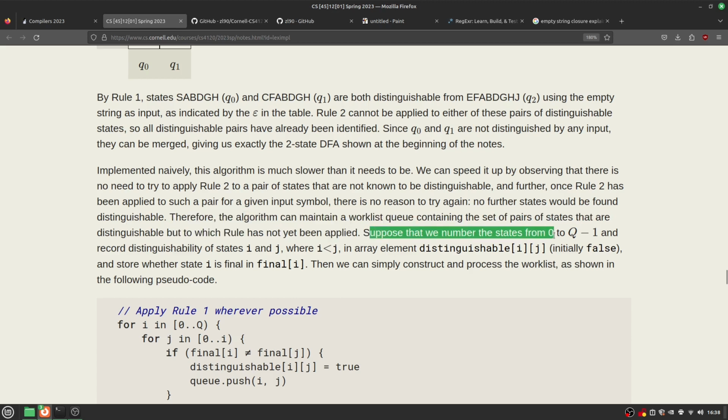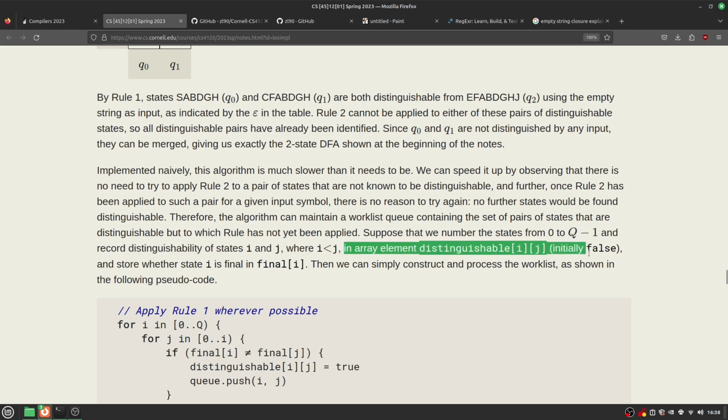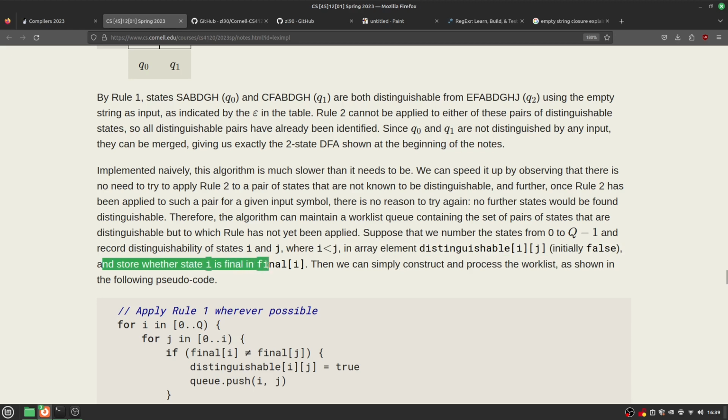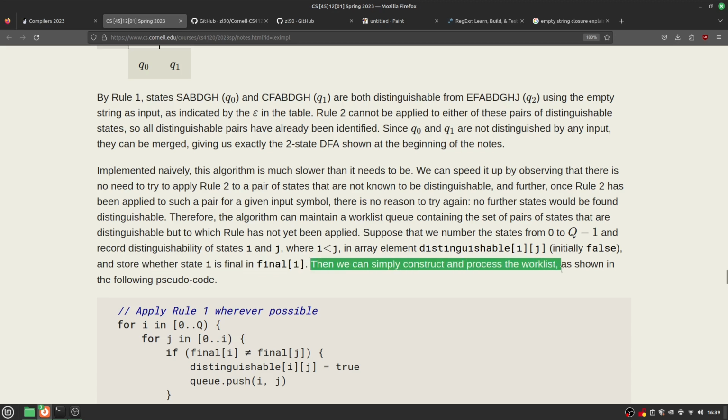Suppose we number the states from 0 to q minus 1, and record distinguishability of states i and j, where i is less than j. Store whether state i is final in final i. Then we can simply construct and process the worklist.